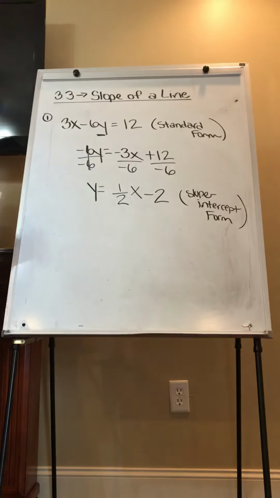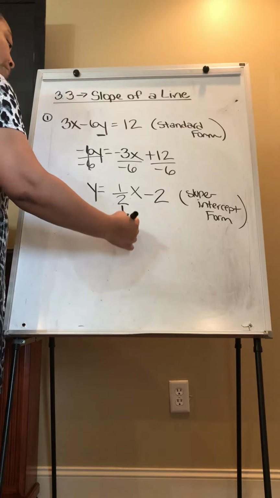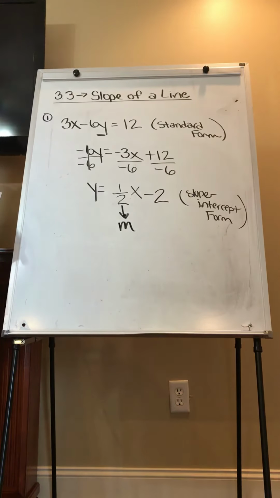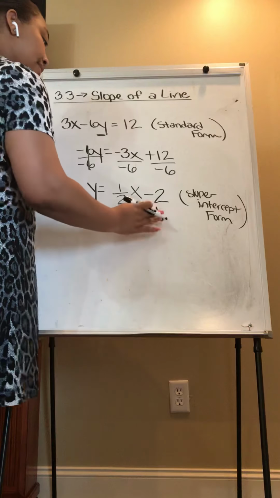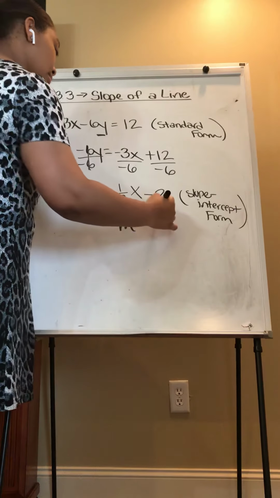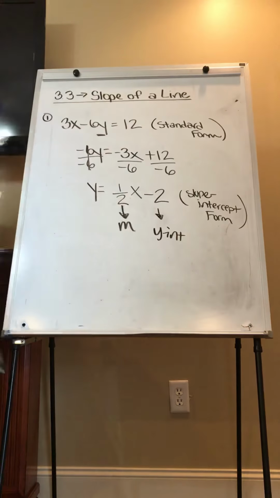That means the number on x is my m, my slope, 1/2, and my y-intercept is negative 2.